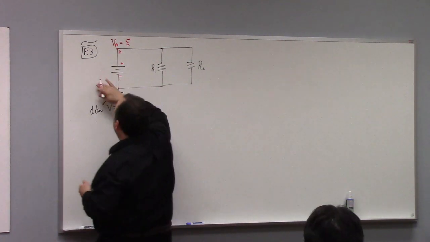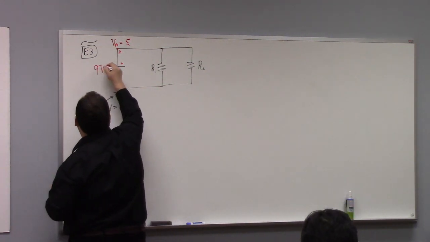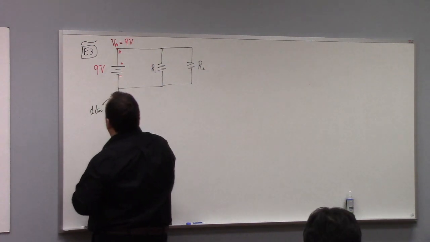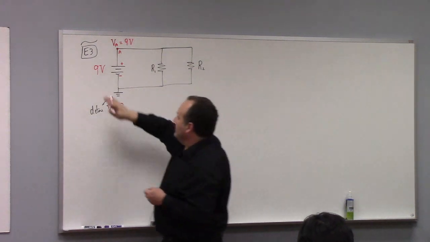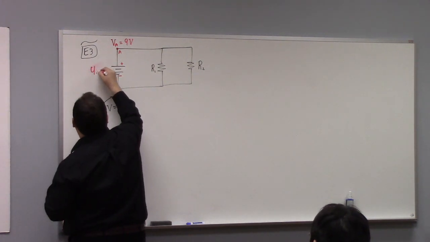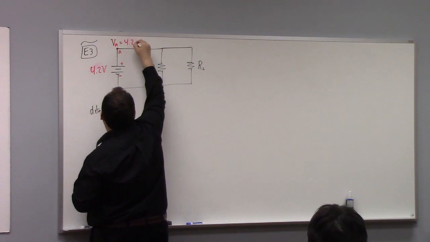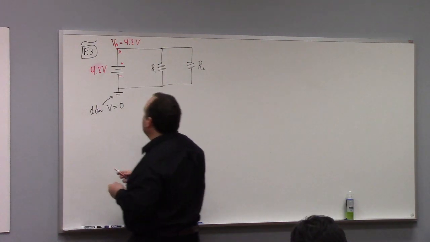I'll make this 9 volts. It's a 9-volt battery. All right, it just became real. Like it? Let's make it more real. 4.2 volts. There you go. That's much more real. Because that's what? The voltage of a typical what?